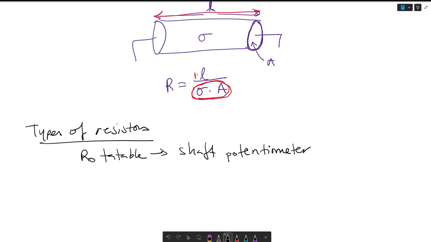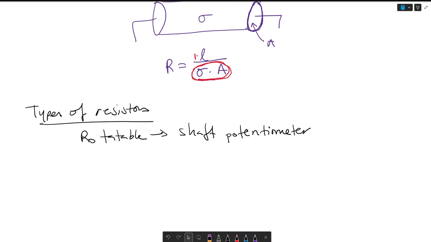And you may have heard of these, but what they look like is something like this. You have a resistive material around this shaft-like area. So this in red is a resistive material, like carbon.